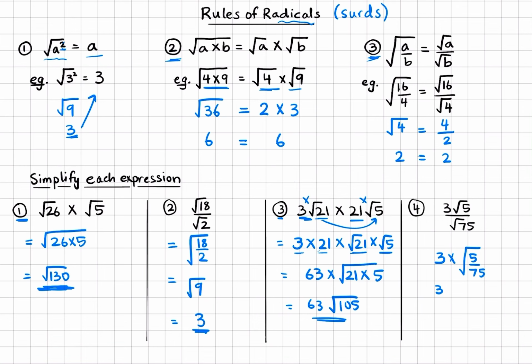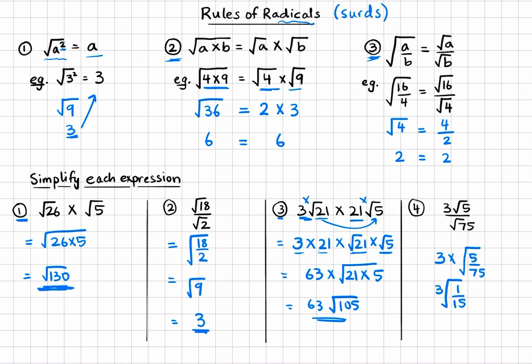And what's 5 divided by 75? I get 1 over 15. And I can't forget the square root. So I get 3 multiplied by the square root of 1 over 15. Now, what is the square root of 1?